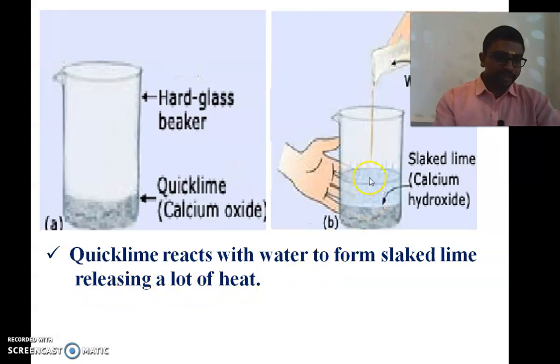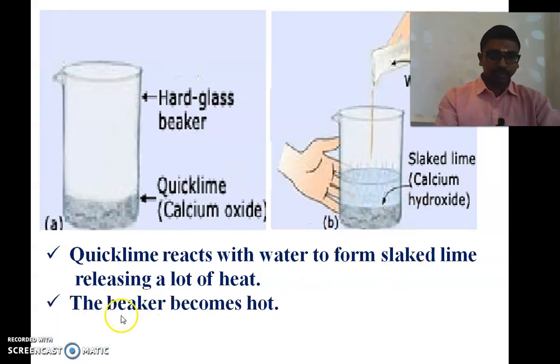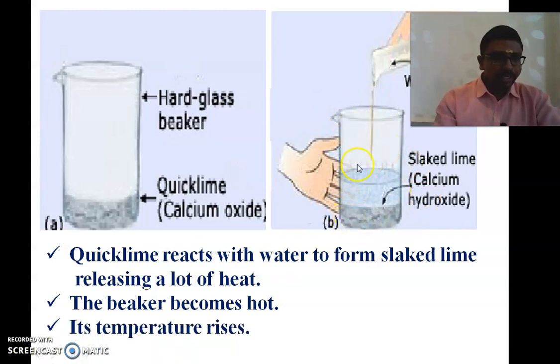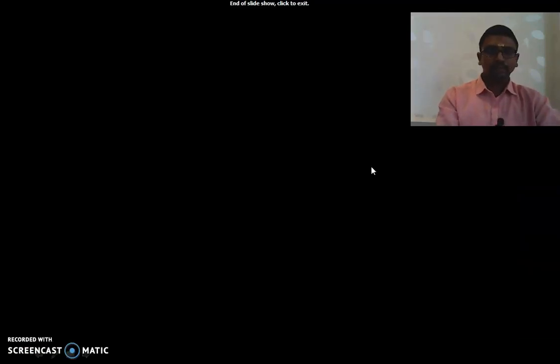The heat energy is evolved here. The beaker becomes hot. The heat energy is evolved means the beaker became hot. Its temperature rises.